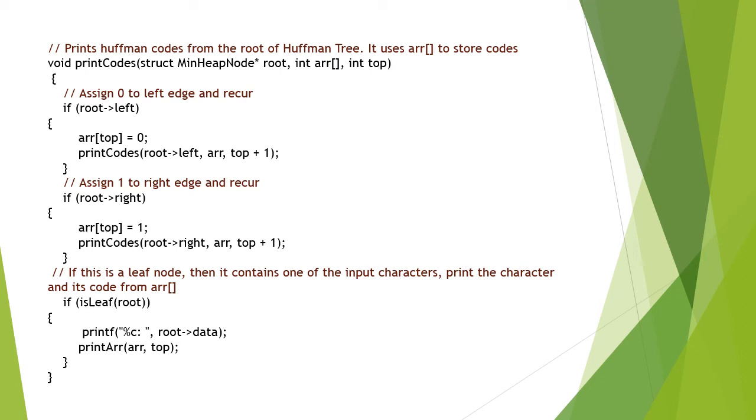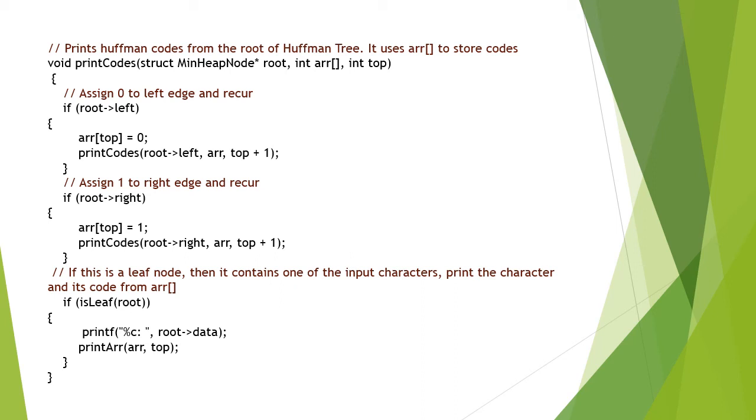In this slide, we are going to print the Huffman code from the root of the Huffman tree. It uses an array to store codes, and we are going to store the codes in a particular array. In the first if condition, we assign 0 to the left edge and recur.